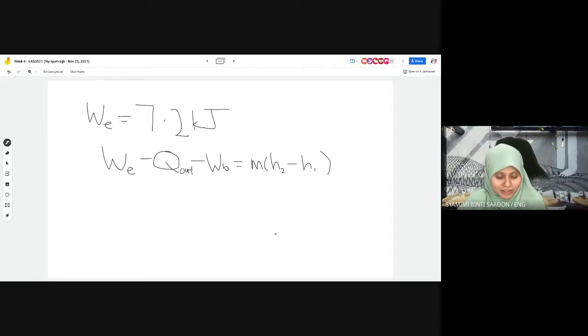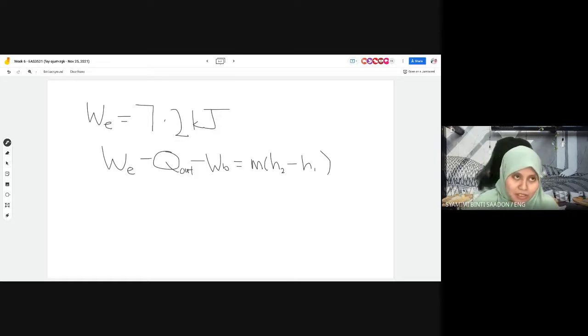Before we can proceed with this energy balance calculation, we need to find H1 first. H1 can be found from the table A5, saturated water. Mass is given, WB we can calculate, WE already calculated, and Q out is given. We don't know both of these enthalpies, but we can solve the H1 first.